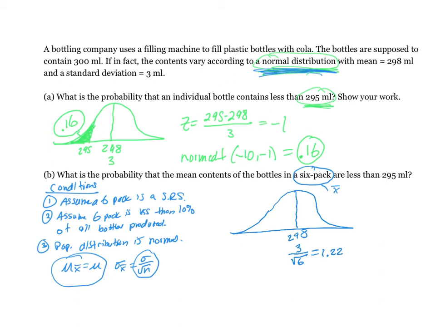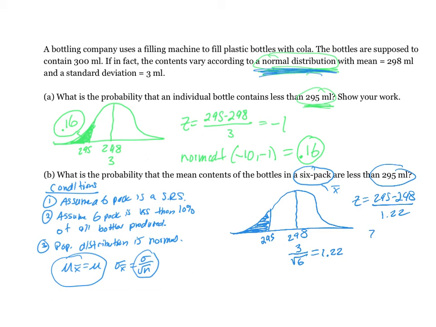So now my question is, what's the probability that the mean contents of the 6-pack are less than 295? That's the same question as before. So 295 goes here. The only difference is when I do this problem, I'm looking at 6-packs, so I need a different standard deviation. So my z-score would be 295 minus 298 over 1.22.